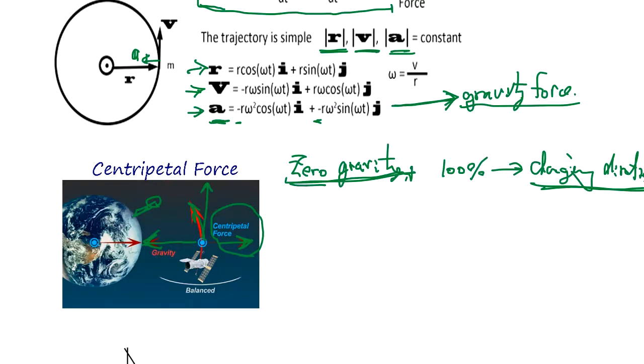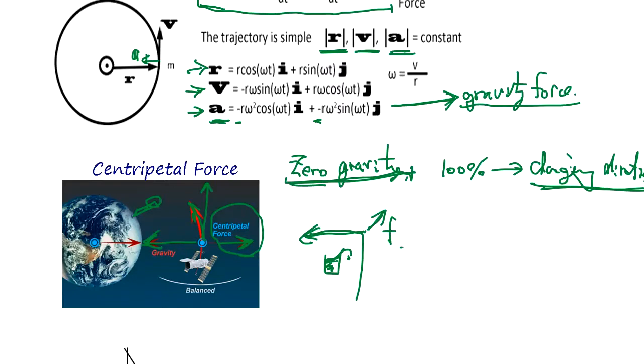It's exactly the same as when you turn the corner in a car, you feel a force acting this way, and the glass of water, the water moves and sometimes spills on the dashboard. Okay, and you feel this force.